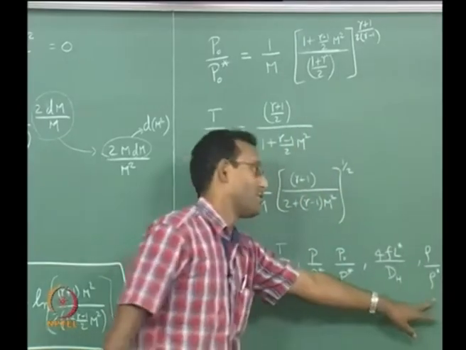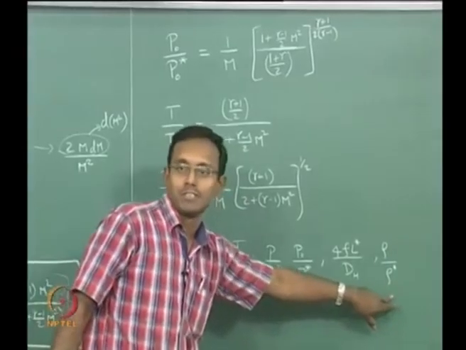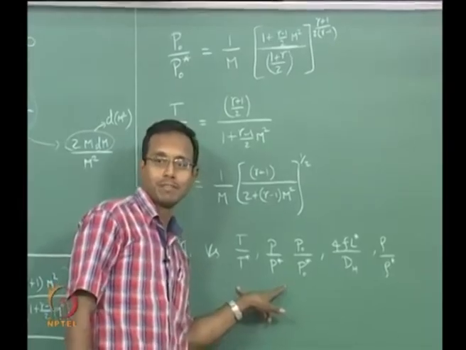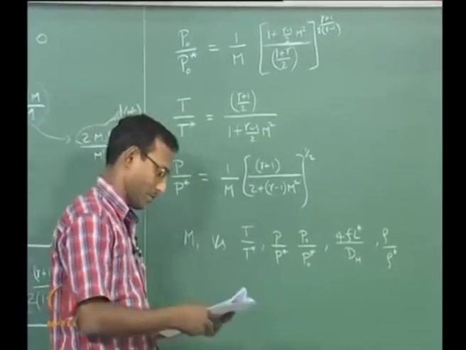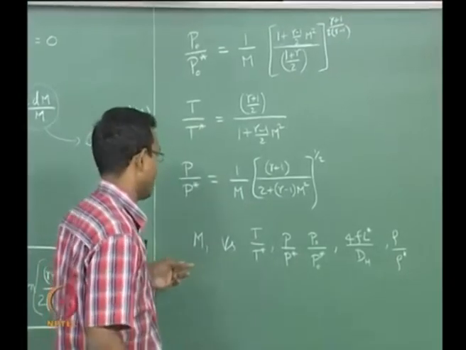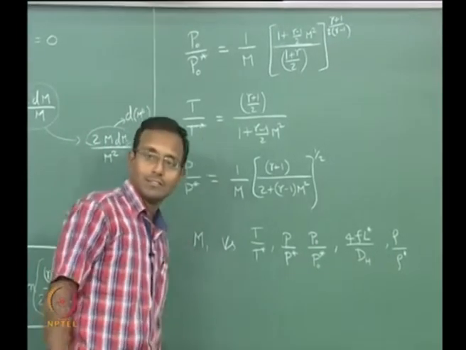This rho by rho star may not be given in all the books, but some books give this also. You can of course get rho by rho star from T by T star and P by P star, since P equal to rho RT is still valid. Okay. So now we have expressions for all this.